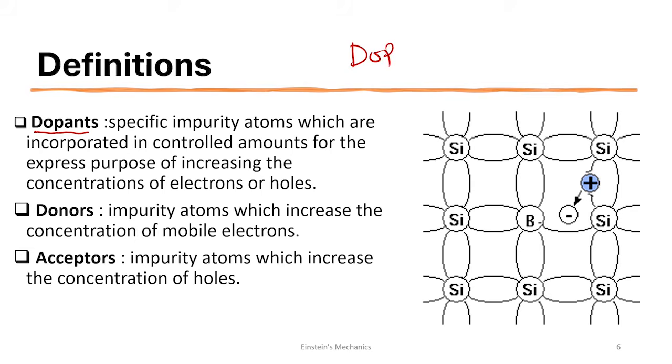So doping and dopant. Here, a specific impurity atom is incorporated in controlled amounts, for the express purpose of increasing the concentration of electrons or holes.